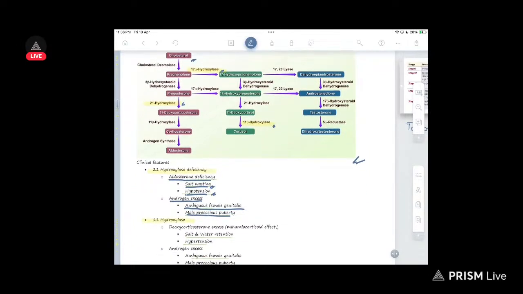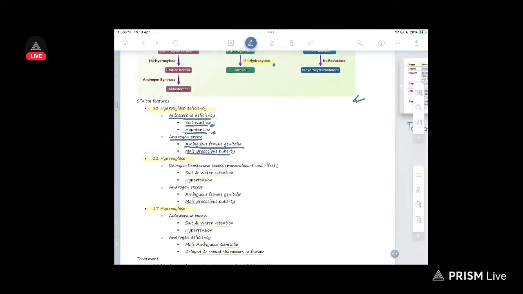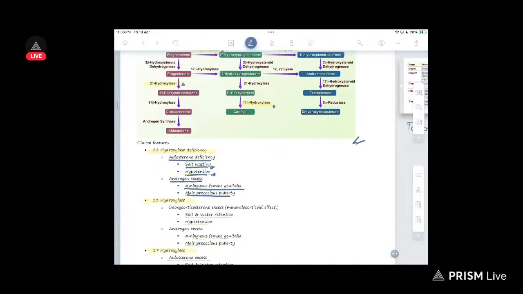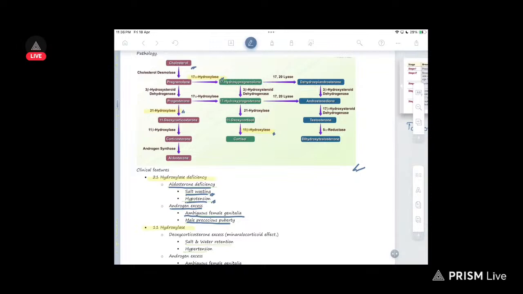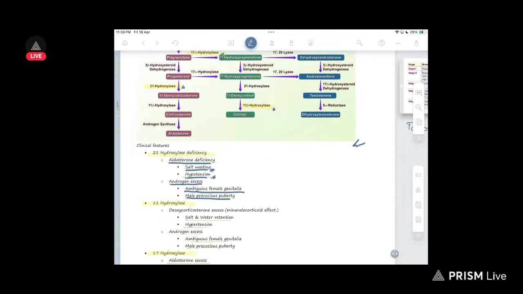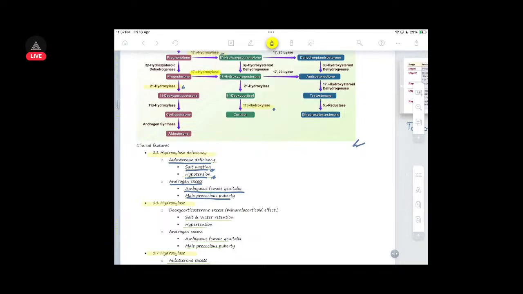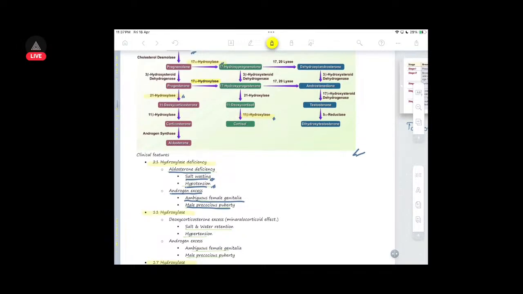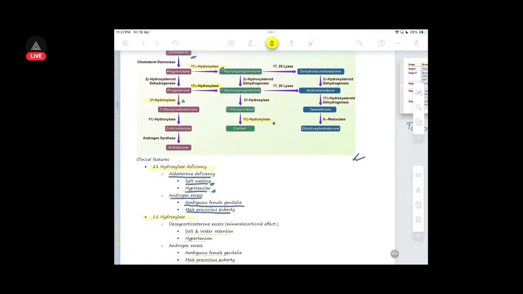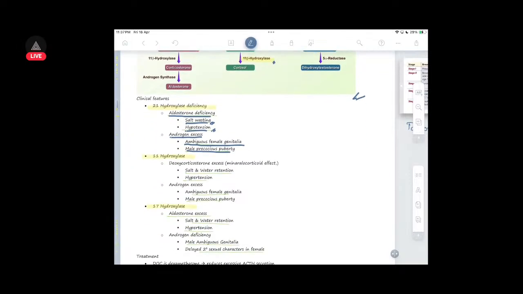So cortisol and 17-hydroxypregnenolone, all of them will not be formed. Here also 17-hydroxyprogesterone or pregnenolone will not be formed. So there will be androgen excess.